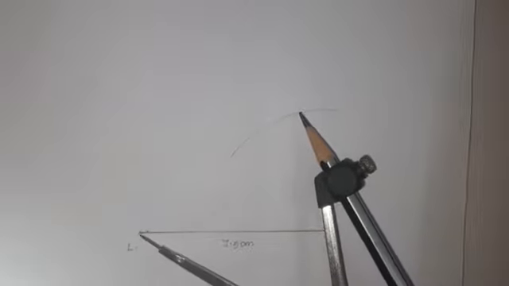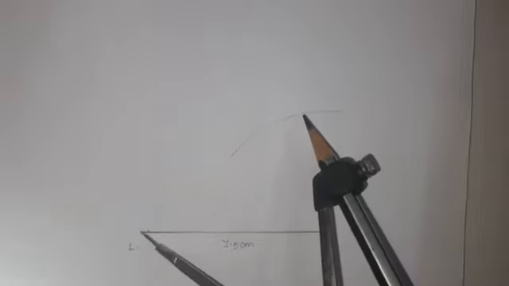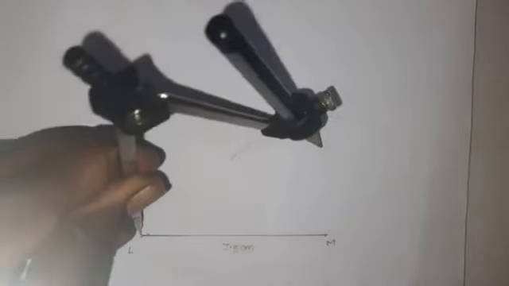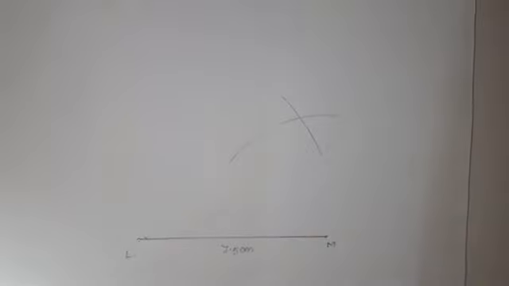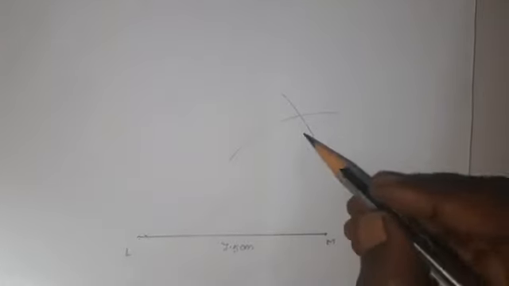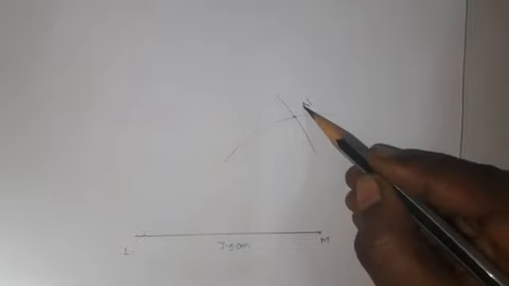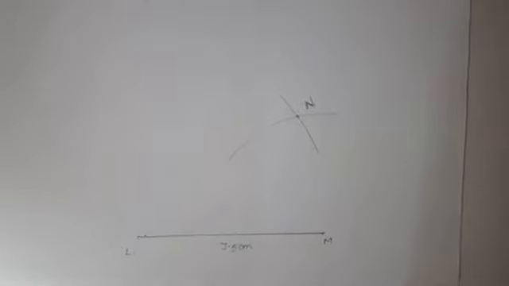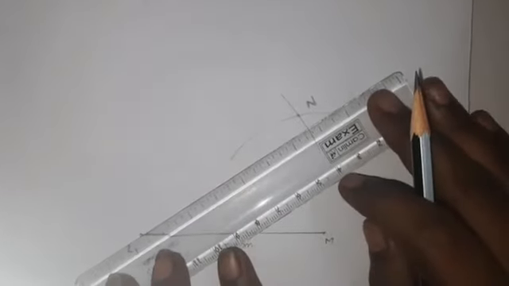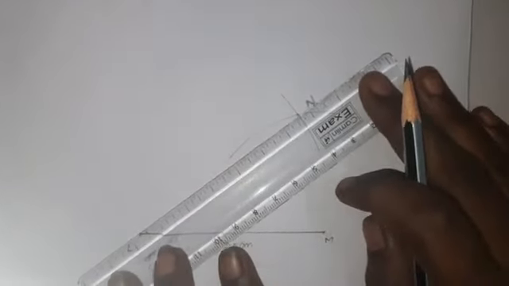Keep the compass needle at L. We have already drawn that arc, so you cut it. Here I cut it. Both the arcs are intersecting now. Here make a dot and name it N.